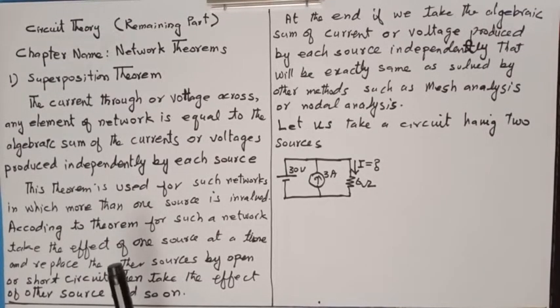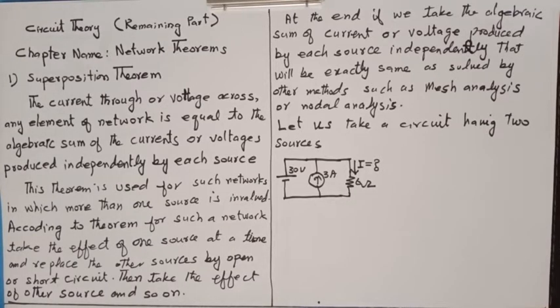Now let us come to the first example as given in this circuit. You already know how we are going to solve it. Let us solve. According to my explanation, we will take one source at a time.